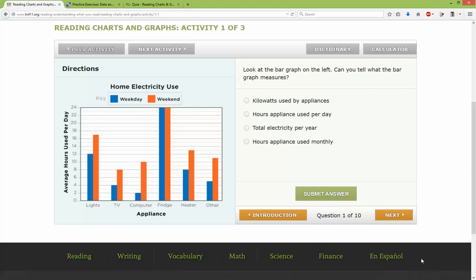We want everybody to take a moment, read the labels, see the numbers, and see what is there.